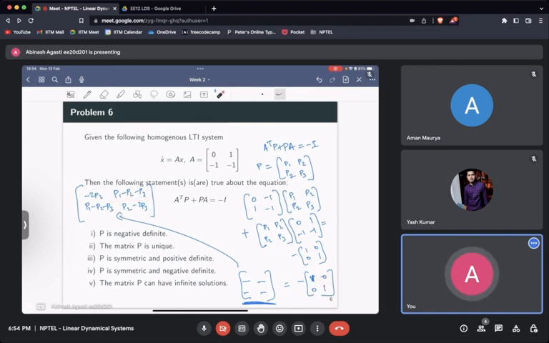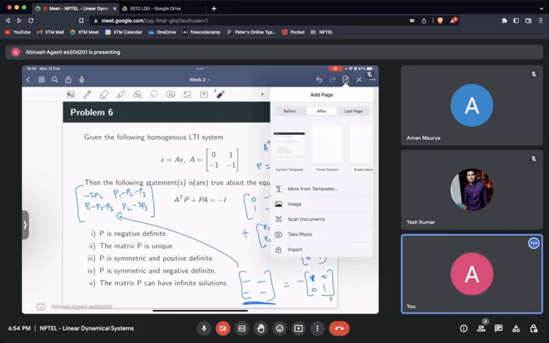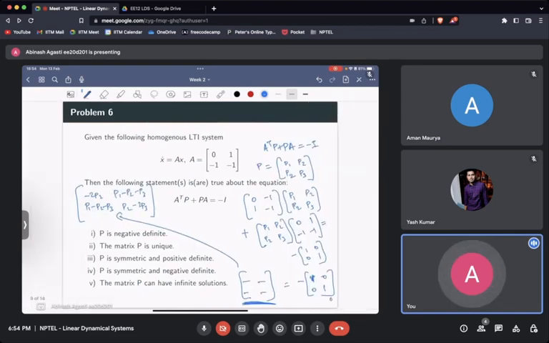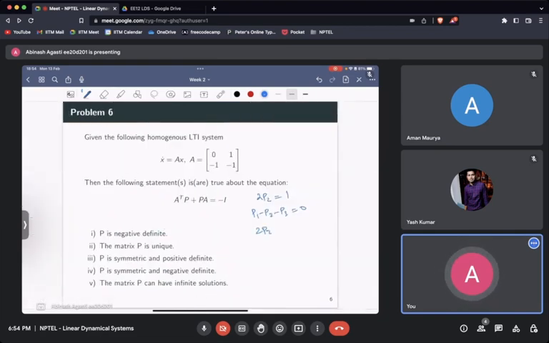Alright. So I'll add another page. One minute. We have minus 2p2 is minus 1, so 2p2 is 1. Then p1 minus p2 minus p3 is 0. And 2p3 minus p2 is 1, right?